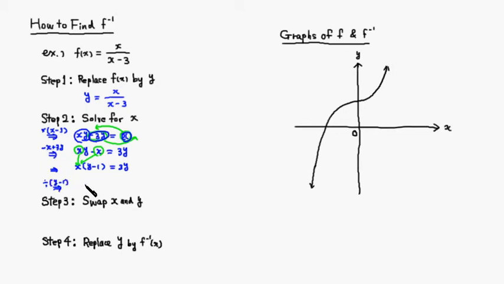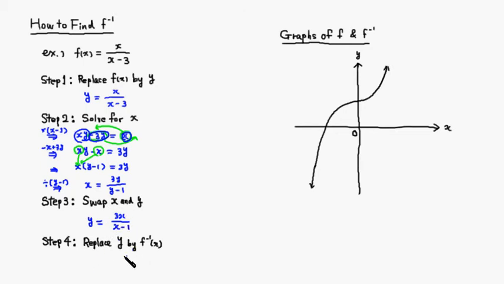So x is equal to 3y over y minus 1. So we got that. And the third step would be exchanging x and y. So when you see x, we put y, and you have y equal to 3x over x minus 1.